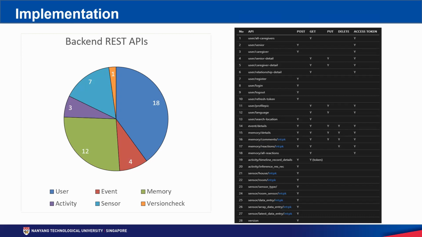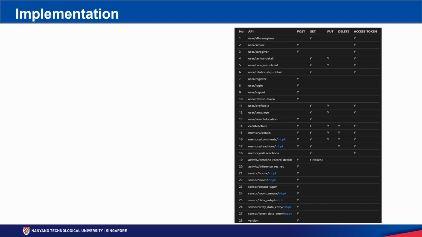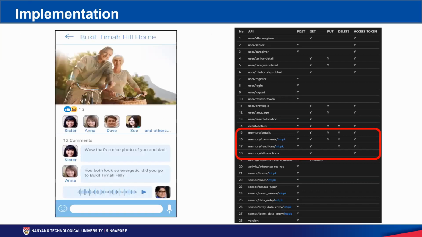These APIs will be called by the front-end mobile application when the user performs an action or request. So for example, when the users interact with each other in the front-end memory function, the front-end mobile application will call these 4 lines of APIs in the red bounded square to retrieve and update the memory details, comments, and the reactions.